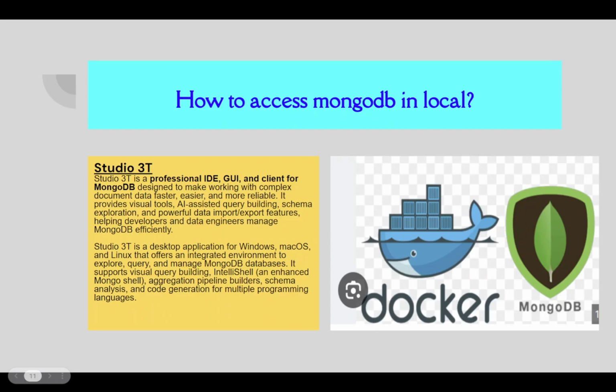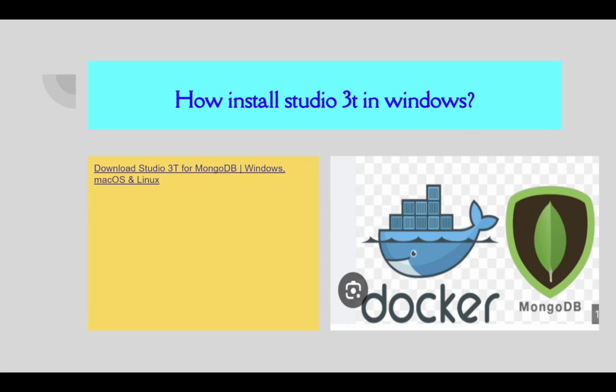You can debug an aggregation pipeline by using Studio 3T. If possible, I'll make an exclusive video on how to do that. But Studio 3T is the best combination when you're working with MongoDB. So how can you install Studio 3T? Download Studio 3T for MongoDB.